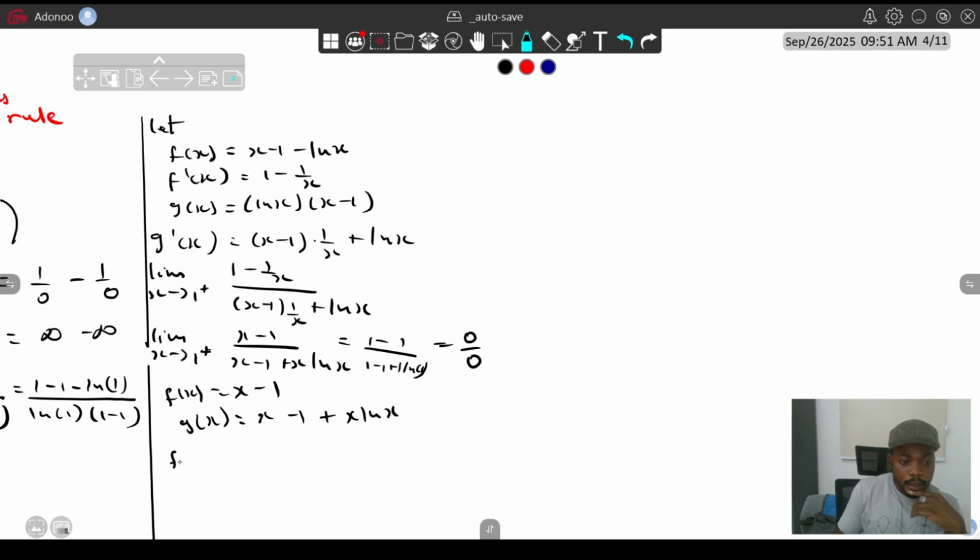So clearly, f prime of x will be equal to 1, while g prime of x will be equal to 1 plus x times 1 over x plus ln x, right? So this cancels this, and then we have 2 plus ln x. So we can insert that into the function.